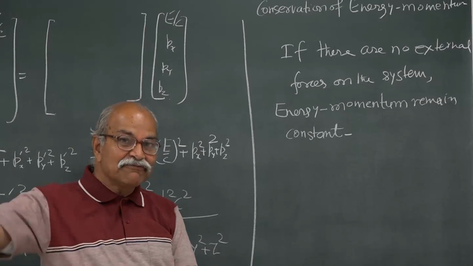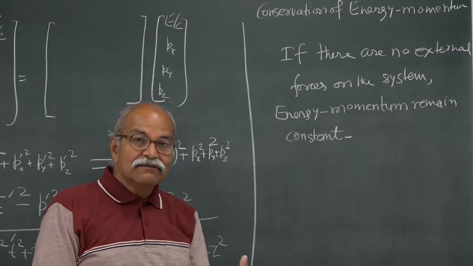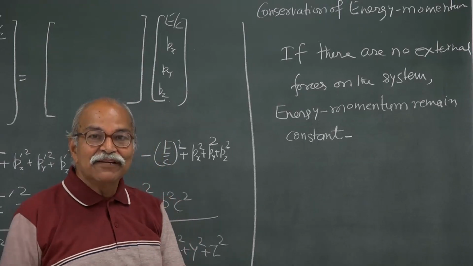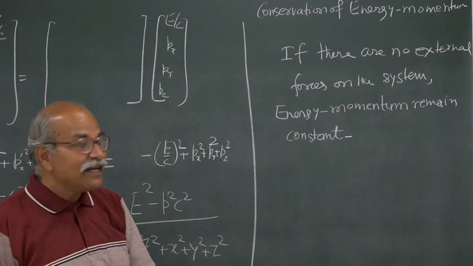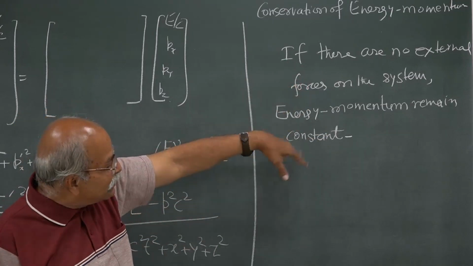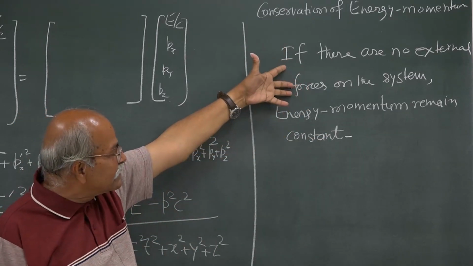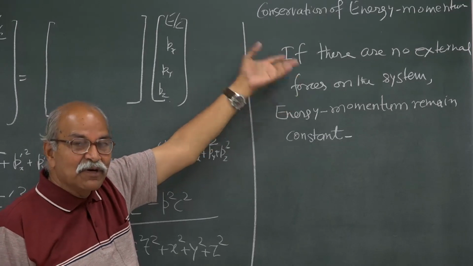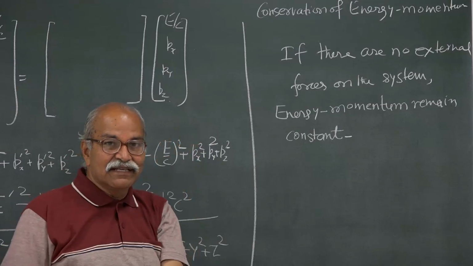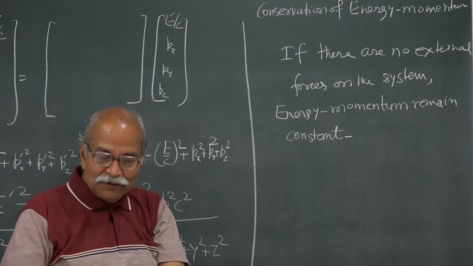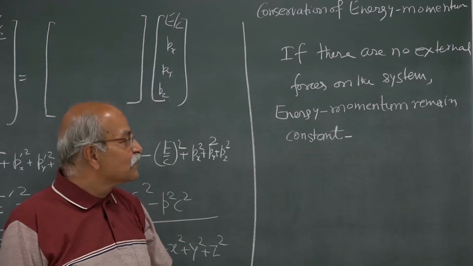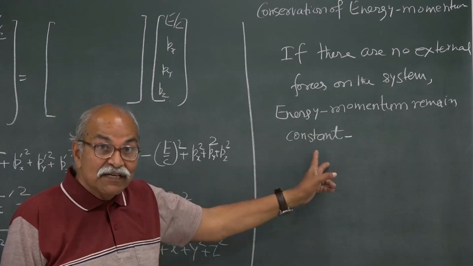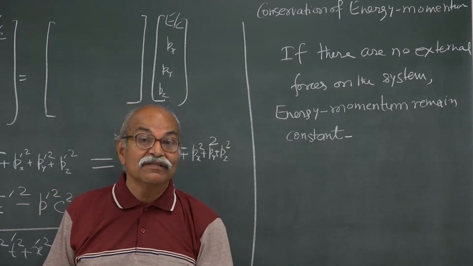So when I am changing the frame and finding the value of some quantity in this frame and that frame, and it is the same, then we say it is invariant. And here it is as a function of time: some interaction is taking place within the system, not from external forces, and because of that configurations are changing, but in all those situations this energy-momentum remains constant. Remaining constant means all four components remain constant.